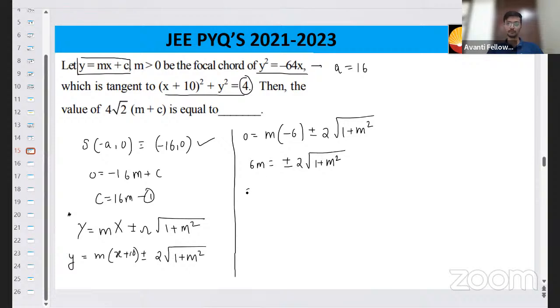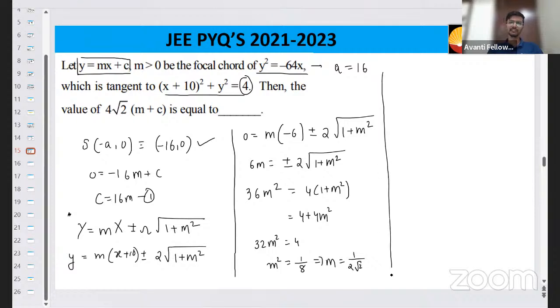Now, if we square on both sides, I'll get 36 m square equals 4 into (1 plus m square), that means 4 plus 4m square. So I'll get 32 m square equals 4. That means m square equals 1 by 8, so m equals 1 upon 2 root 2. I am not taking the negative value because it doesn't matter if you take positive or negative. So we got the value of m.